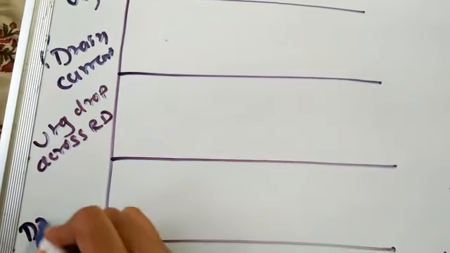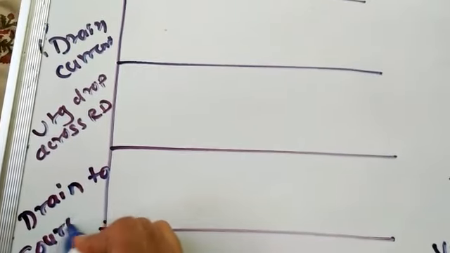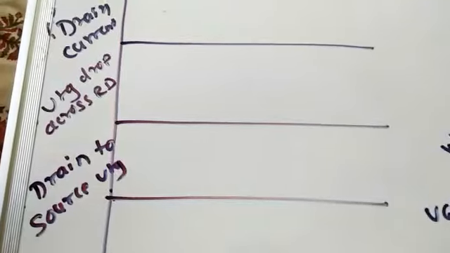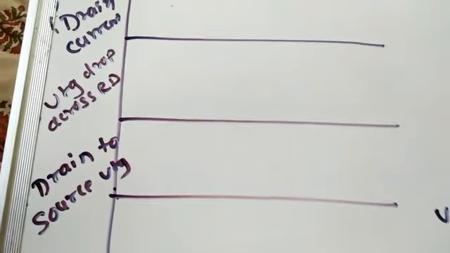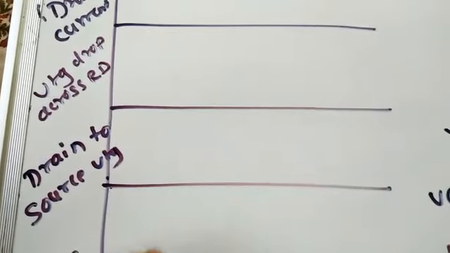The fourth is VDS, the drain to source voltage, and the last one is the output voltage V0.